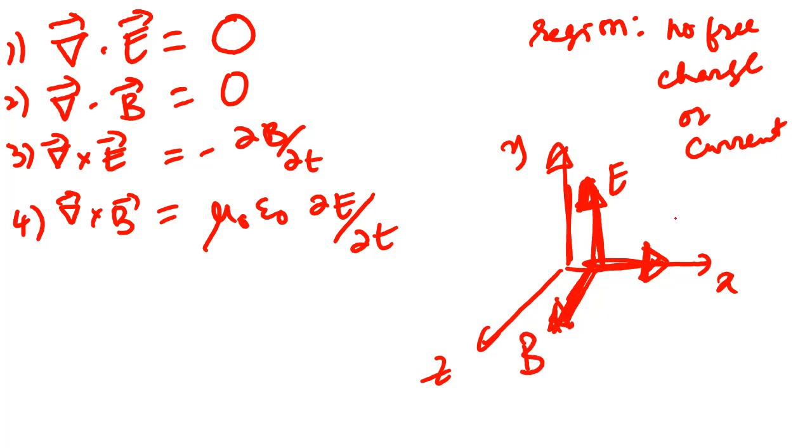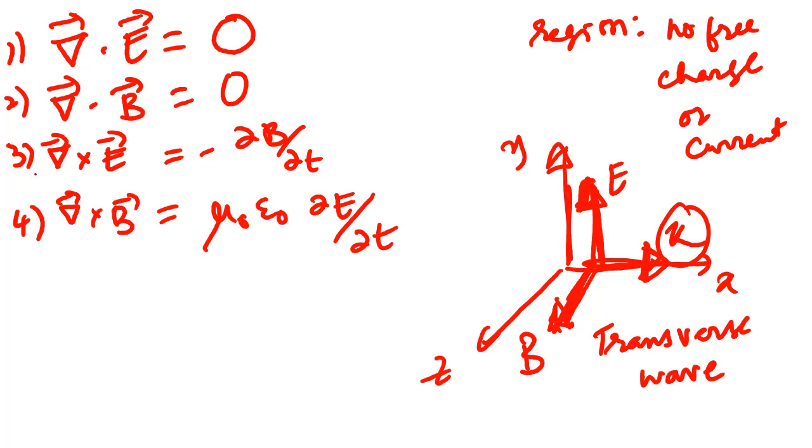So E, B, and the propagation direction are mutually perpendicular, and that's why light is a transverse wave. The variation in the E and B fields is mutually perpendicular to the propagation direction, which is indicated by K. We'll see what K is in a moment.